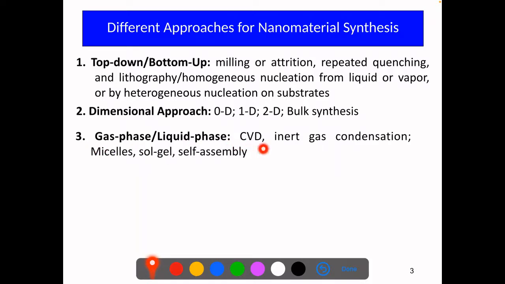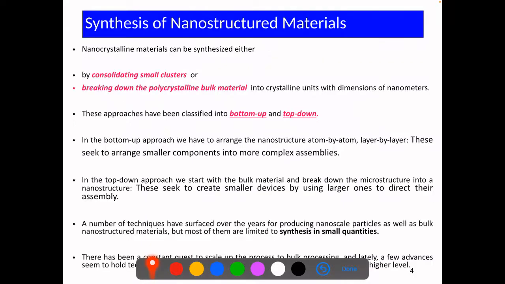For example, CVD or inert gas condensation methods are gas phase approaches, while micelles, sol gel, and self-assembly are the liquid phase approaches. So it's really important for you to have a general understanding of what these things mean and where you might need them.